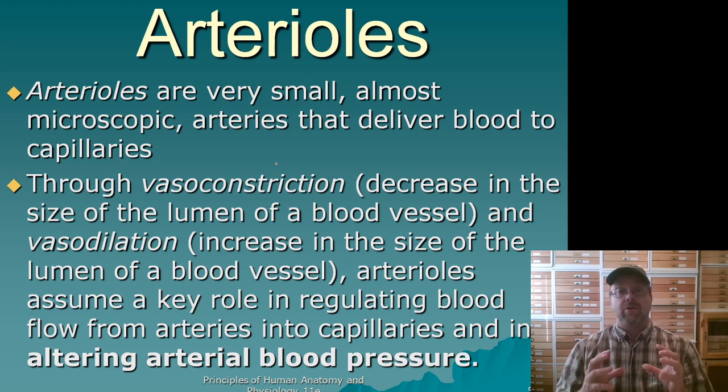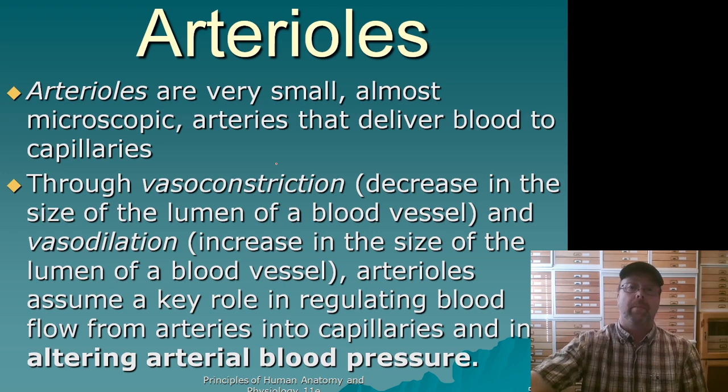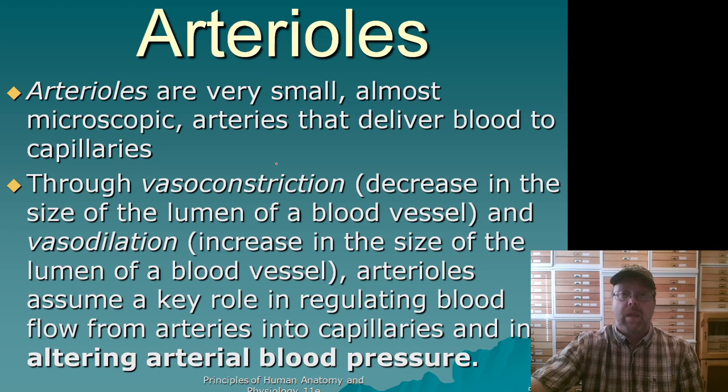The vasoconstriction is going to narrow down those passages and allow the blood pressure to go up. So arterioles are just smaller arteries, and they're really good at vasoconstriction because they have quite a bit of that tunica media layer with the muscle.